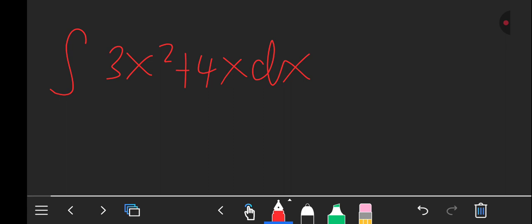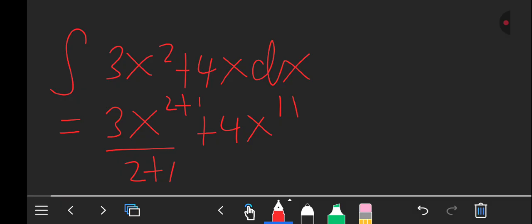So let's have an example here. What is the integral of 3x squared plus 4x dx? This will be equal to 3x, you raise the power by 1, so it will be 2 plus 1, and that becomes the new denominator, then plus 4x, that's a power of 1, so you add 1, that becomes the new power, then plus c.